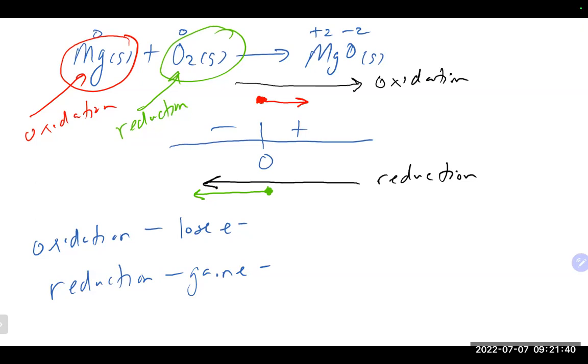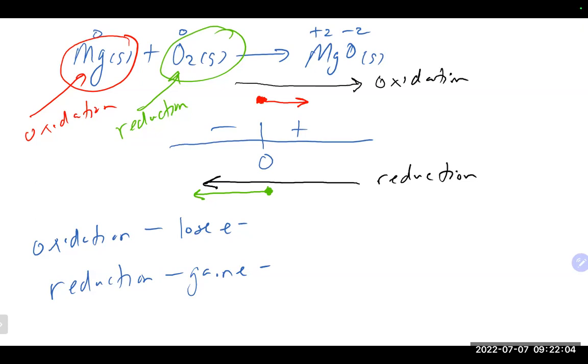So when you have this situation of a metal and a non-metal together, it's fairly simple. It should pretty much always be the metal that is oxidized, and the non-metal that will be reduced. But you will come across things where you may have two metals involved, and you might have to figure out what is going on in terms of that.